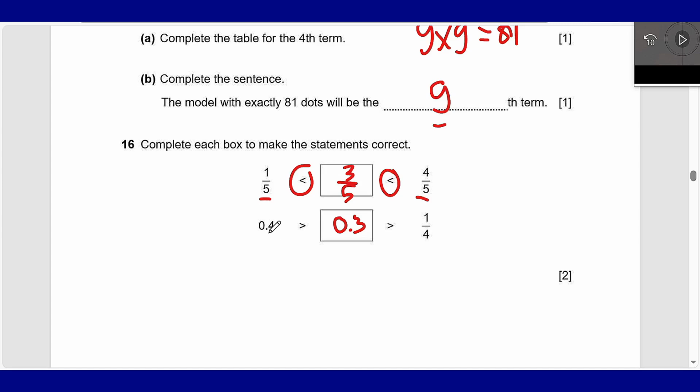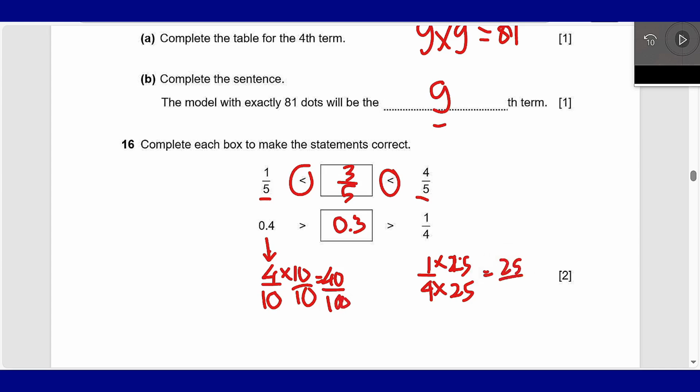Alright, for this one, 0.4 is greater than a number and it's greater than 1/4. So to do this, this is a decimal, we just have to make it into a fraction. 4/10, and this is 1/4, and we equalize the denominator, so times 25. This also we times 10/10, becomes 40/100, and this is 25/100.